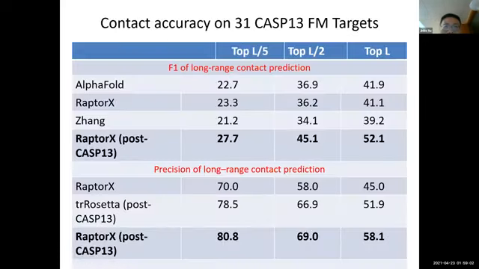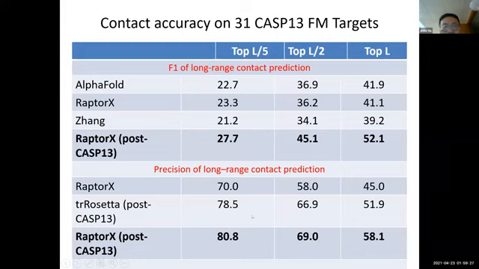And this shows you some top methods, the contact precision and F1 value. This is CASP 13, and this is AlphaFold, and this is my program RaptorX and Zhang group. In terms of F1 value, there's no big difference between AlphaFold and RaptorX in CASP 13, and this is the precision.